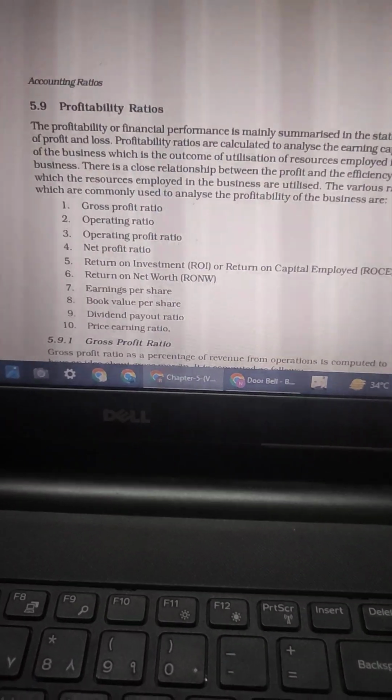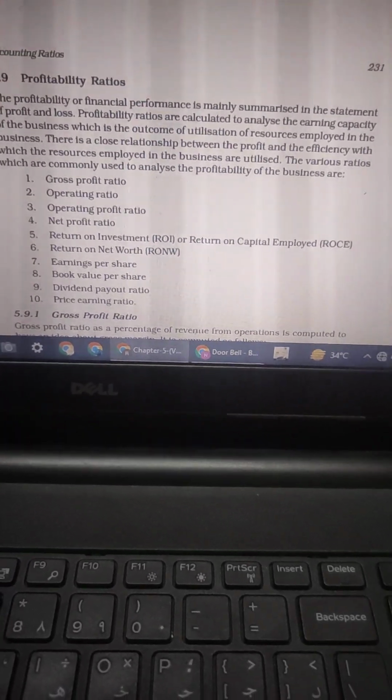Next we will study about the profitability ratios. Profitability ratios are used for finding out the earning capacity of the business.